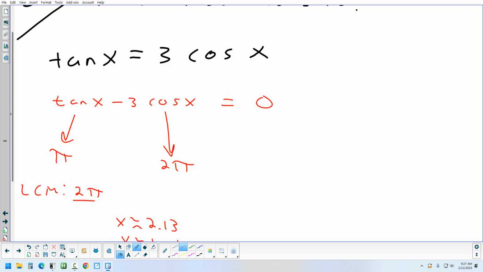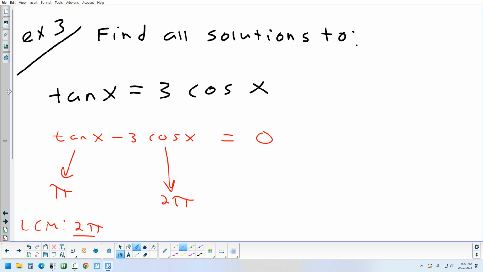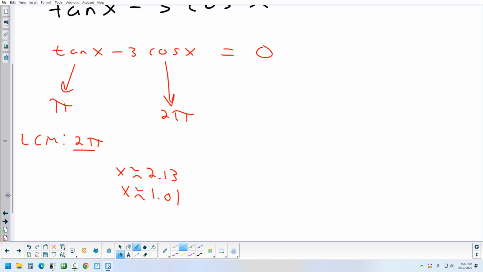Okay, go back and read the directions. So what does that mean I need to do with each of those answers? Plus 2 pi n.